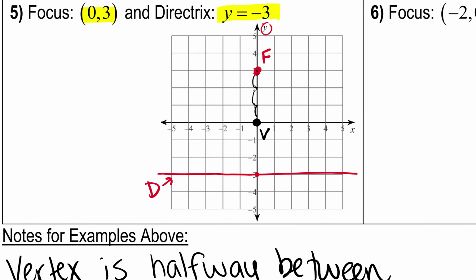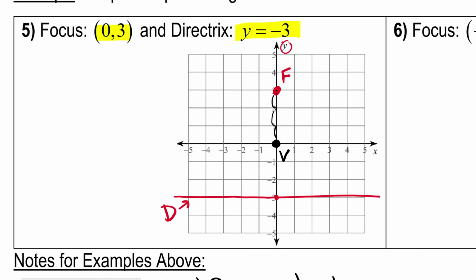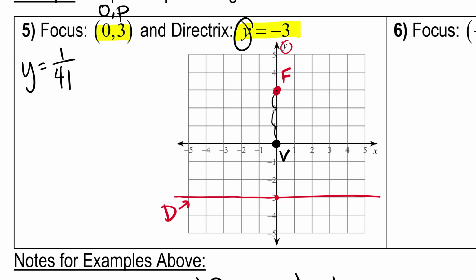Now the only other thing that you might want to do, just to see how the graph works, is what we did at the beginning, where I have 0, p, and I'm using y. So I have y equals 1 over 4p x squared. I'm going to plug in my p, or 3. y equals 1 over 4 times 3, and 4 times 3 is 12.